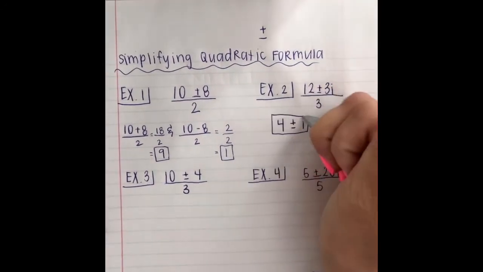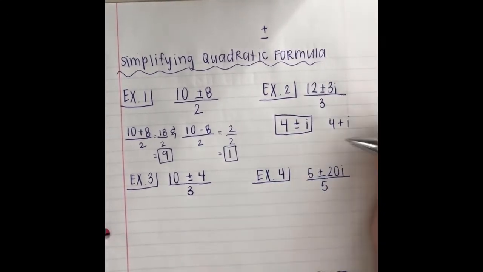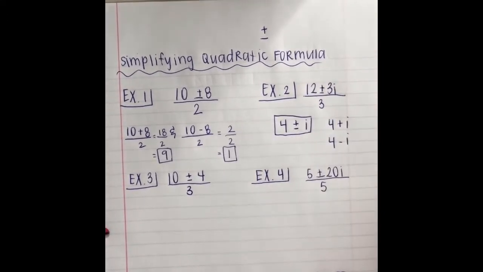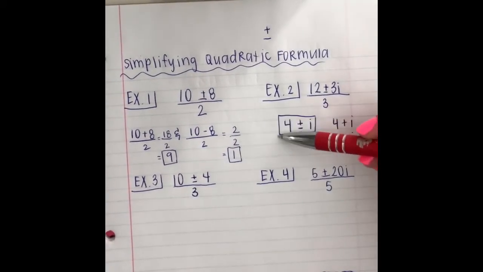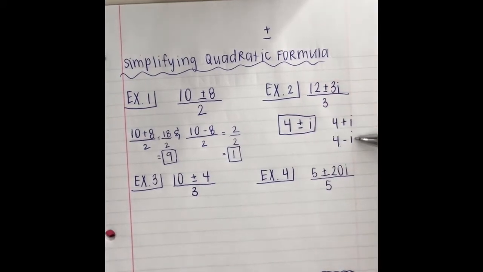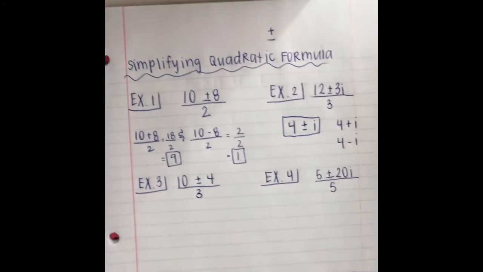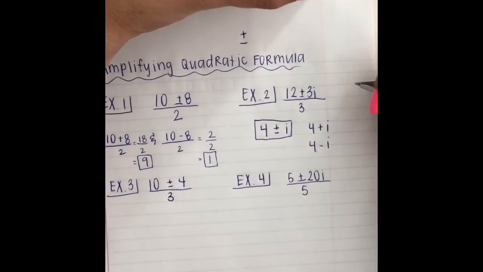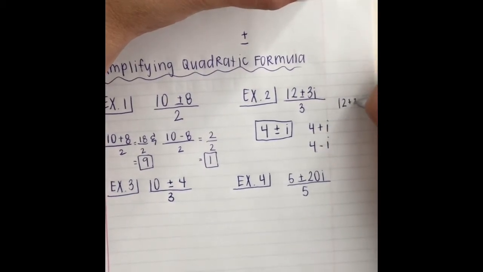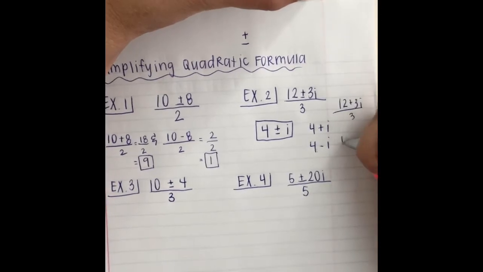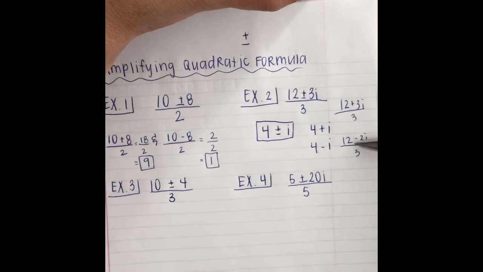This is your answer. What this answer means is that 4 plus i is an answer, and 4 minus i is also an answer, okay? Instead of writing it both times, you can just leave it as plus or minus, and it means this, okay? Basically, the reason for that is if I separated these like I did the other one, 12 plus 3i divided by 3 and 12 minus 3i divided by 3, you can't combine the top ones for either of these.